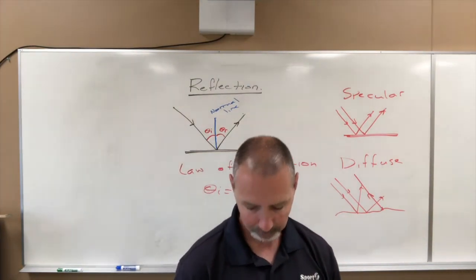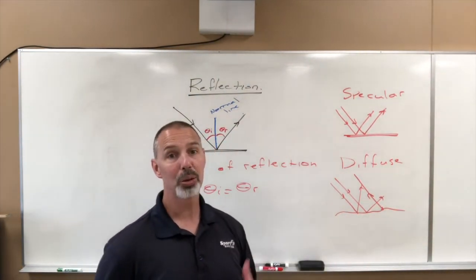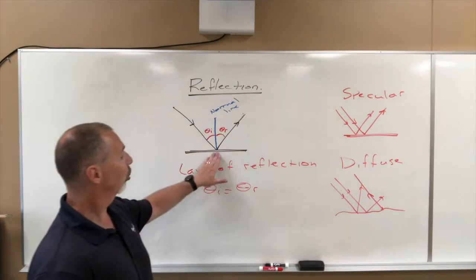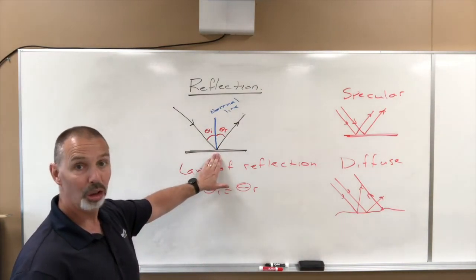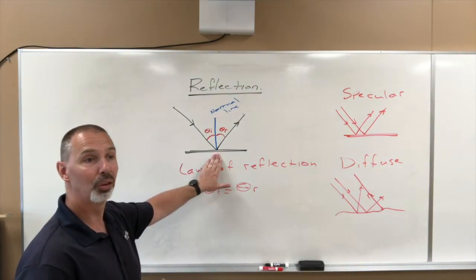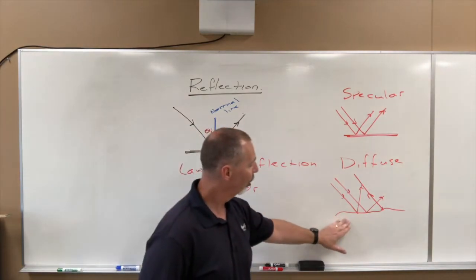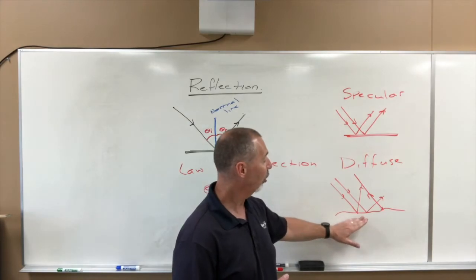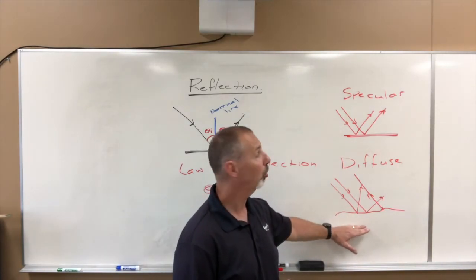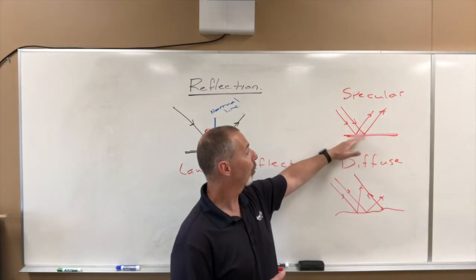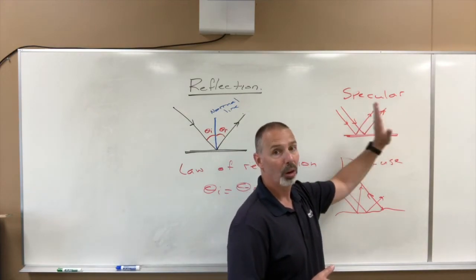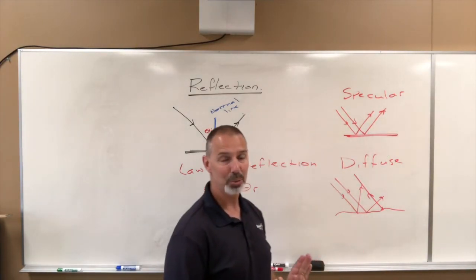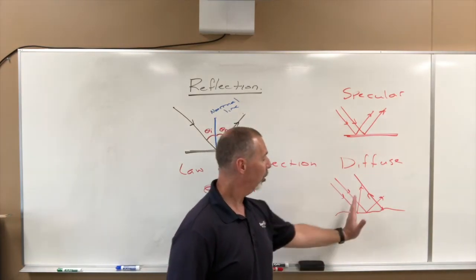All right. And so the key points to remember here are that there's a normal line on all surfaces that is perpendicular to the surface, and even here, at every point there's a normal line. The normal lines for each of these rays is not the same. The normal line for here is a bunch of vertical parallel lines wherever the ray is striking, but here they're not parallel, right?